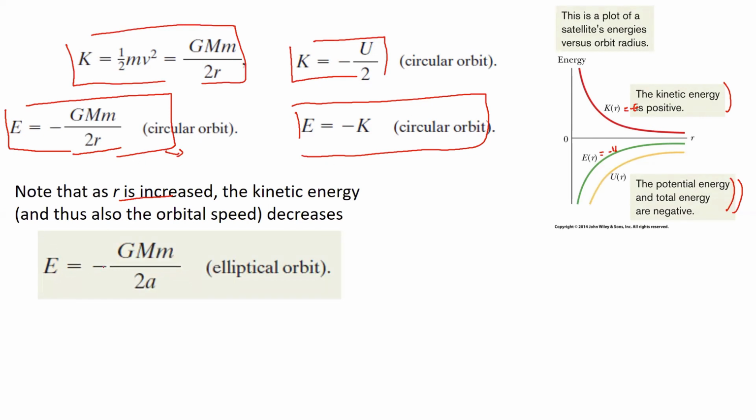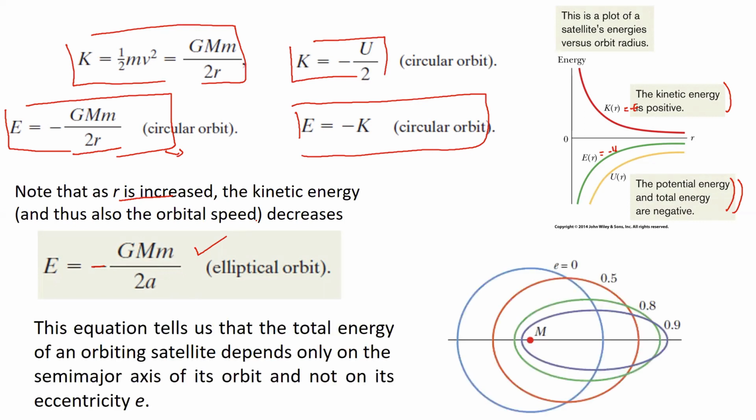And if I have an elliptical orbit, I have E is minus GMm divided by 2a. And this I already demonstrated. Now the total mechanical energy just depends on the semi-major axis. It does not depend on the eccentricity. If you see here in this example, this is a perfect circle, by the way, and e equal to 0.9 corresponds to this elongated ellipse.